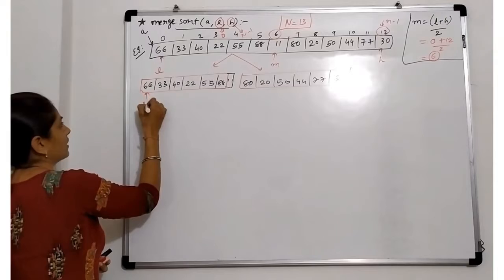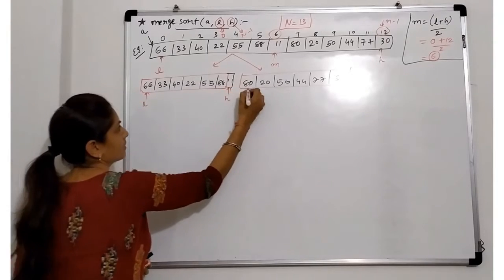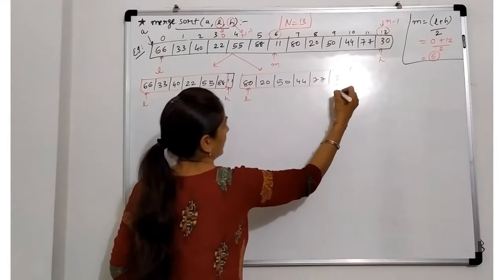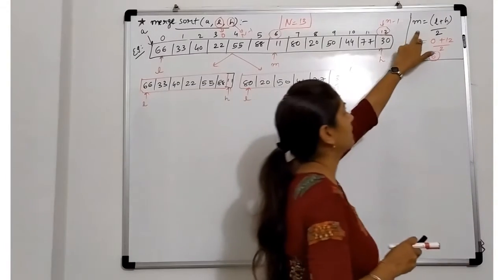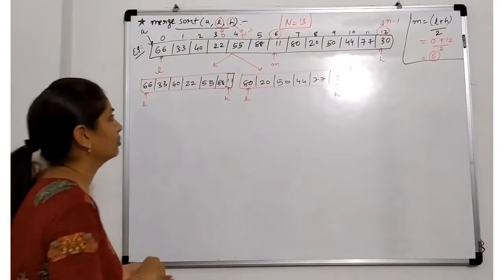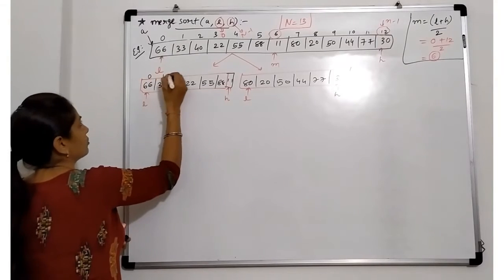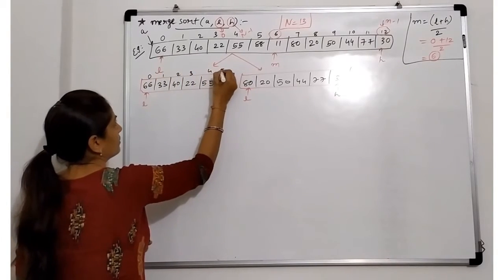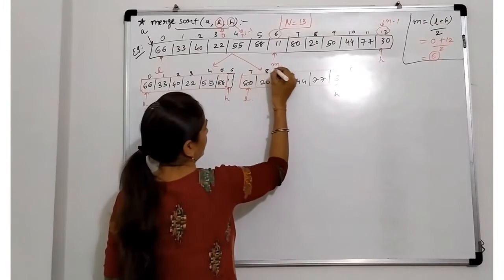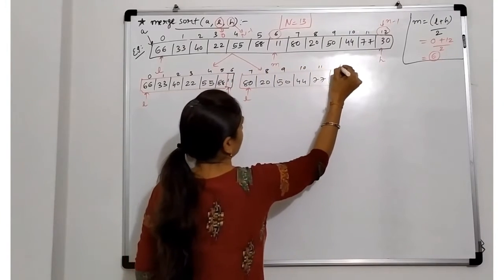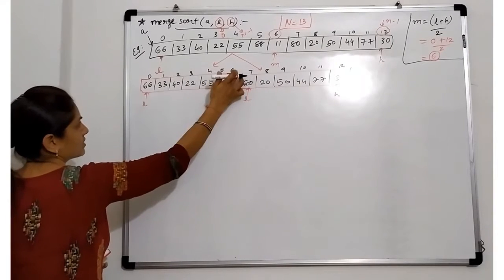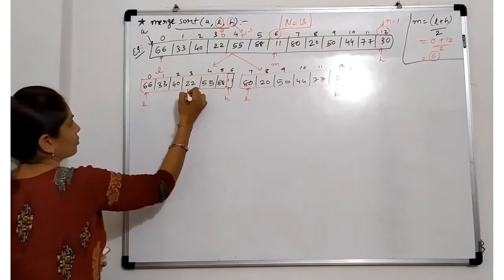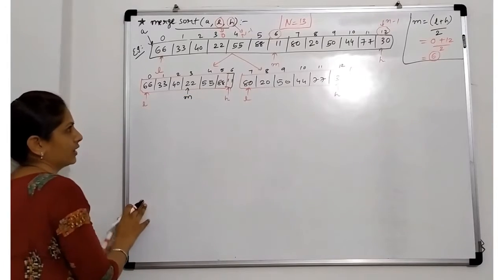So this is L, this is H, L, H. Now find the M. The formula for finding M is L plus H divided by 2. The indexes are 0, 1, 2, 3, 4, 5, 6, 7, 8, 9, 10, 11, 12. Here L is 0, H is 6. 0 plus 6 divided by 2, so M is at position 3.